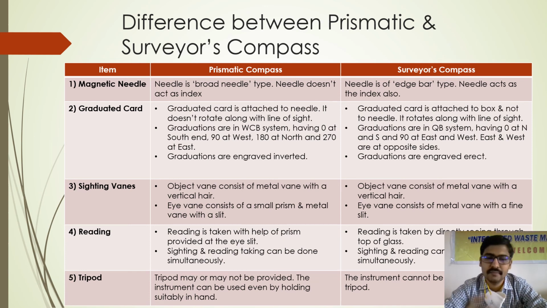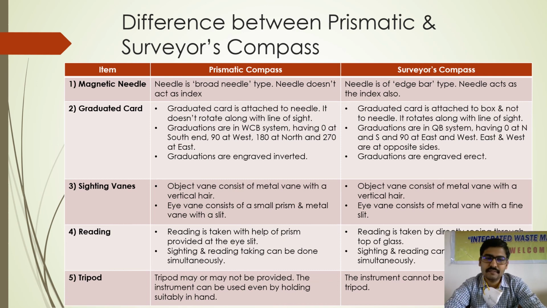So it is exactly the mirror image of what you are going to read, right? Whereas in Surveyor's compass the graduations are in a quadrantal bearing system, where south and north will have 0 degree written, east and west will have 90 degree written, but only thing is that east and west will be on opposite sides.